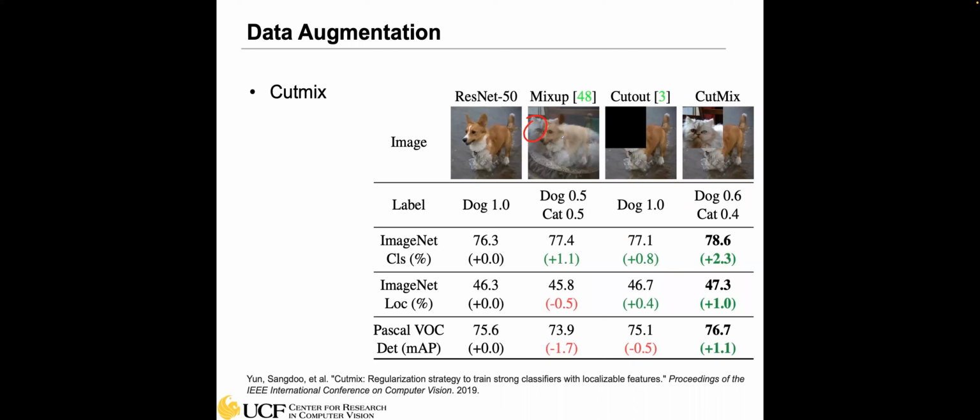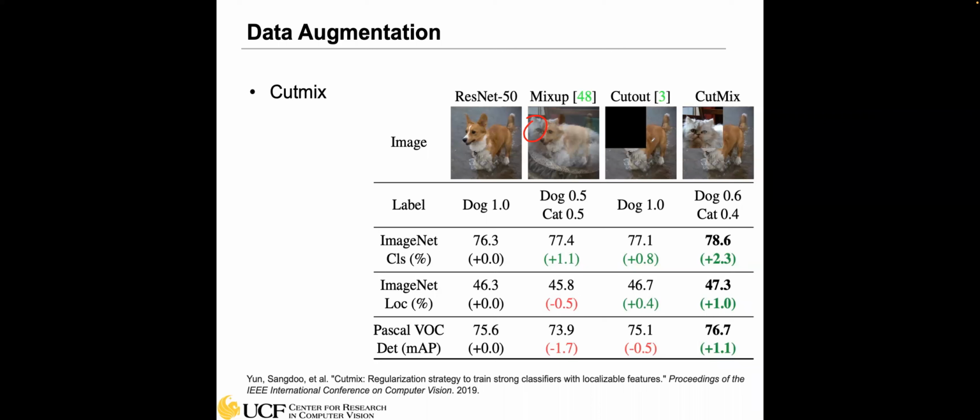I mix this with a cat, maybe the cat image 50%, dog image 50%. Of course, the label will also have this kind of ratio proportion. So this also tries to force the network to learn very unique representations to tell that this is the feature belonging to the dog and this is the feature belonging to the cat.